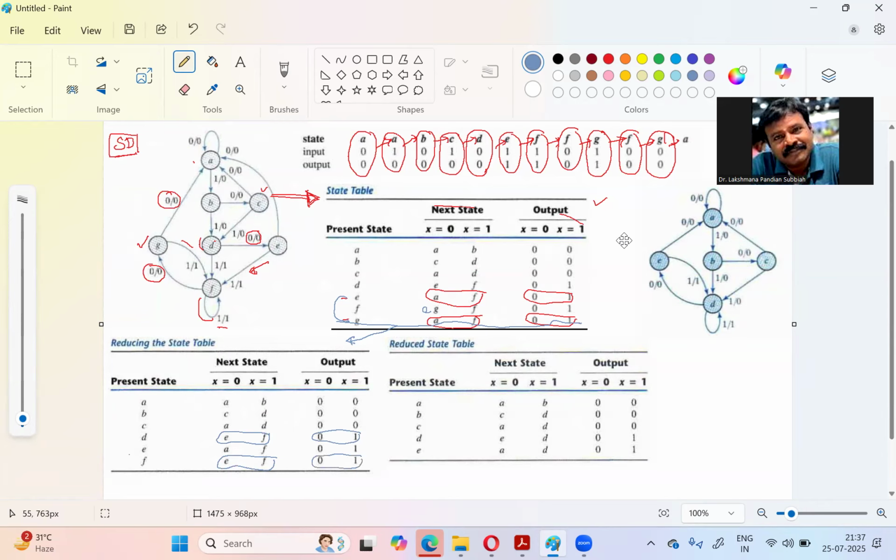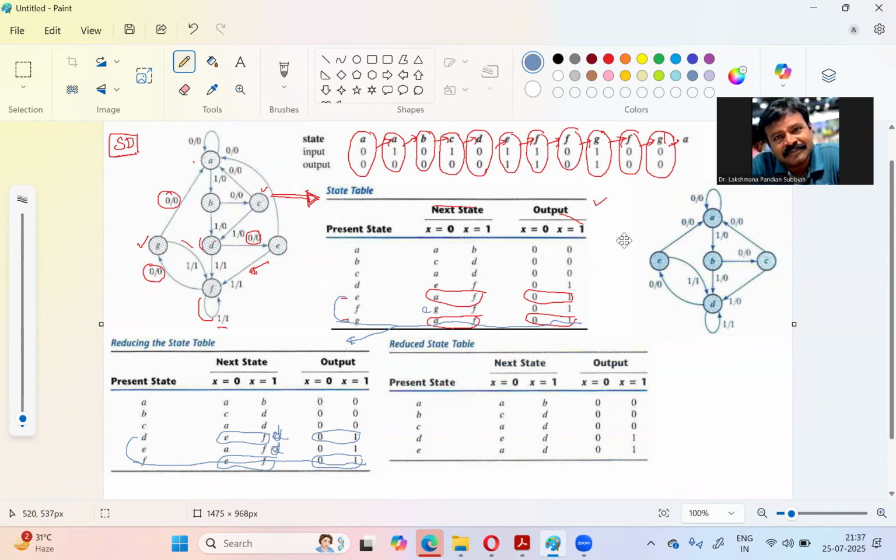Then we can reduce from D and F can be merged and then the F is removed. Then wherever we are having that F, you replace this one by D. So F and D, you have to take representative as D, then you have to replace this one by D. Then we are having now another diagram.